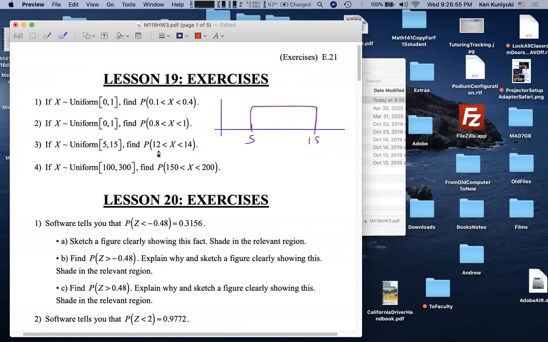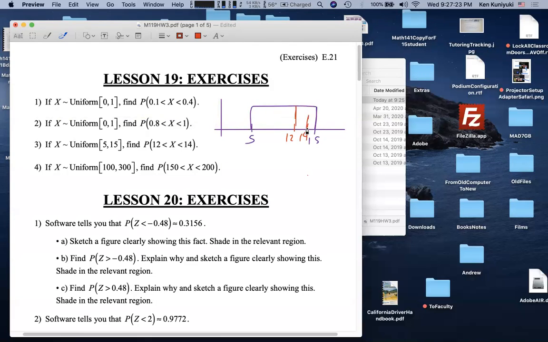And then we're interested in values of x between 12 and 14, that in red. So find the probability that if a dart gets thrown in here, it lands inside this bar here.